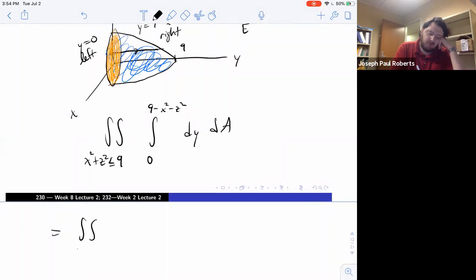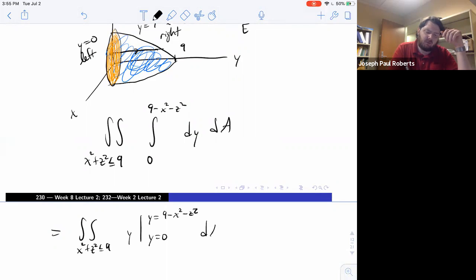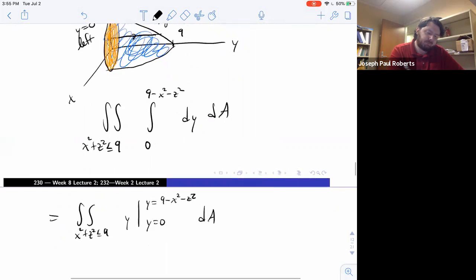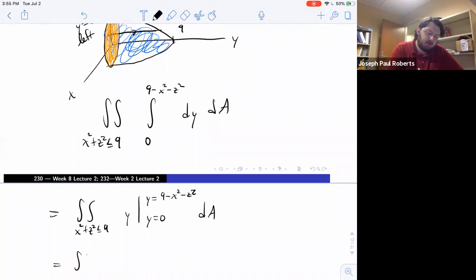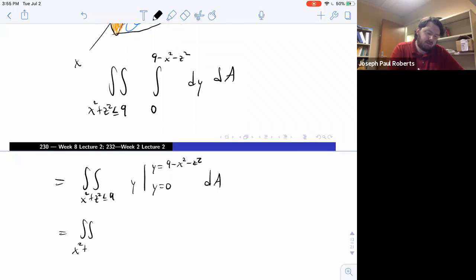So yeah, do the innermost dy integration. Well, the antiderivative of 1 is y, and so therefore I get the double integral over the disk of 9 minus x squared minus z squared.